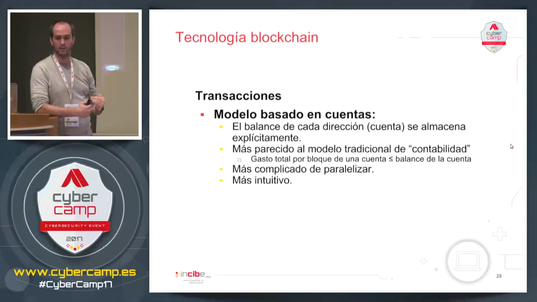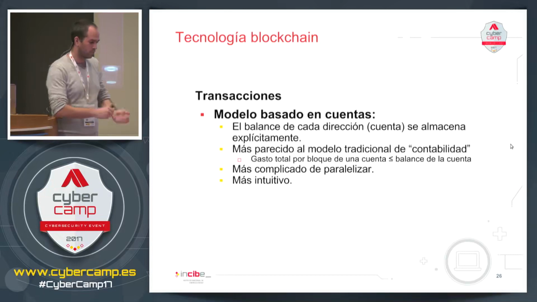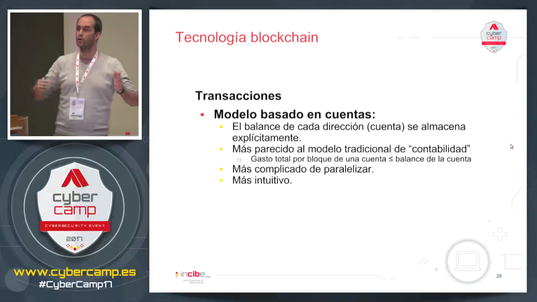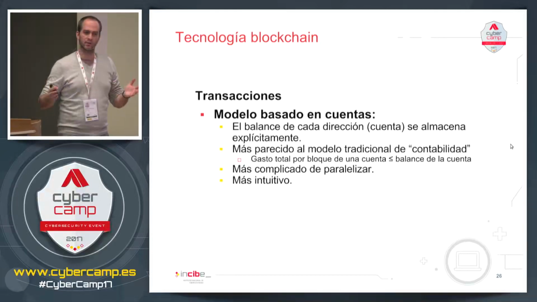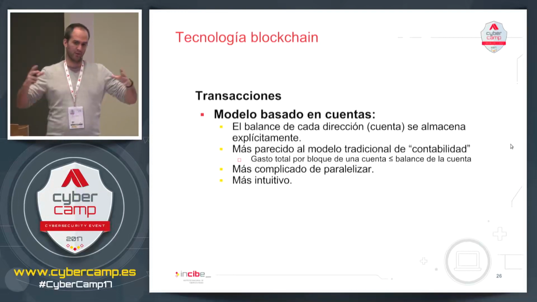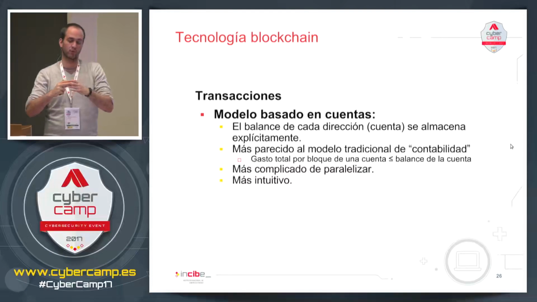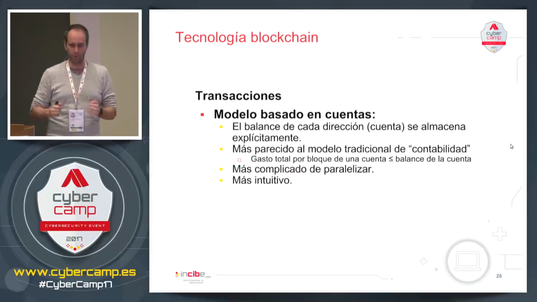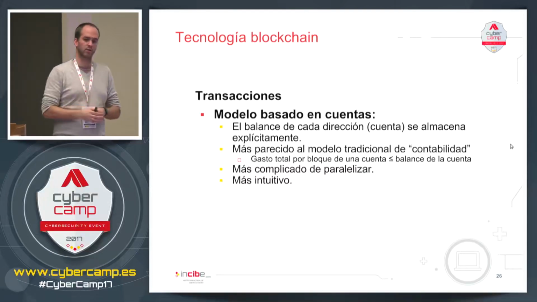You've just got an account number and you just say, how much do you want to take out of that balance? But it's also more complicated to parallelize because, for example, if you've got 100 euros, I could send 500 transactions of €1 individually. I can pay them, but if you add them up, 500 is more than the 100 I've got in my account.